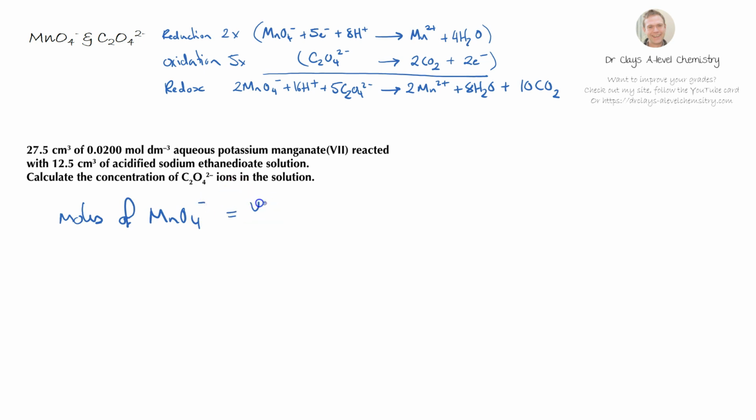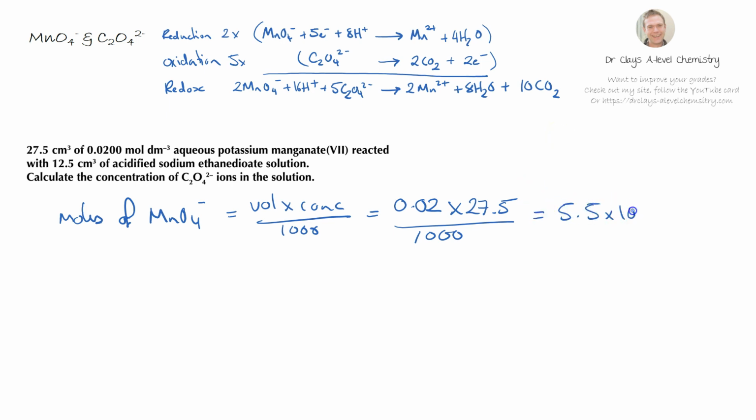So once again we're volume times concentration over 1000. That's going to give us 0.02. Again, I've removed the 2 zeros, but we are there with 3 significant figures. Times by 27.5 over 1000, giving us a moles of 5.5 times 10 to the minus 4 moles of MnO4-.